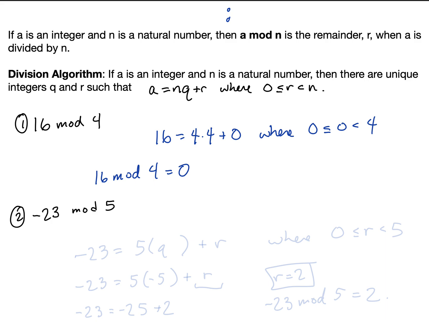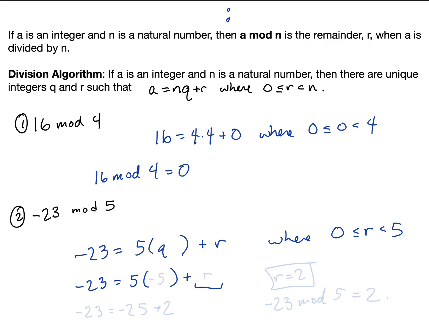And if we look at negative 23 mod 5, then we could say, all right, negative 23 is equal to 5 times something plus r, where 0 is less than or equal to r, which is less than 5. So what values could make sense for r and q? So negative 23 is equal to 5 times some integer such that we are adding a non-negative integer to make it equal.